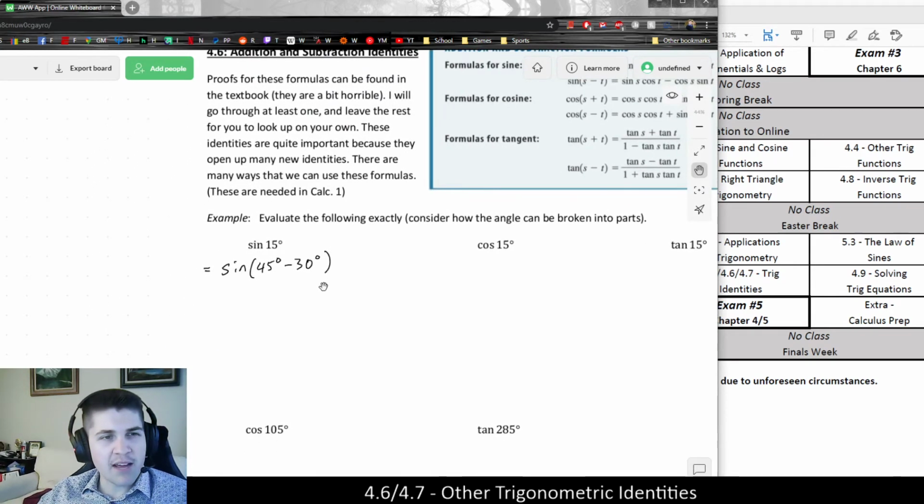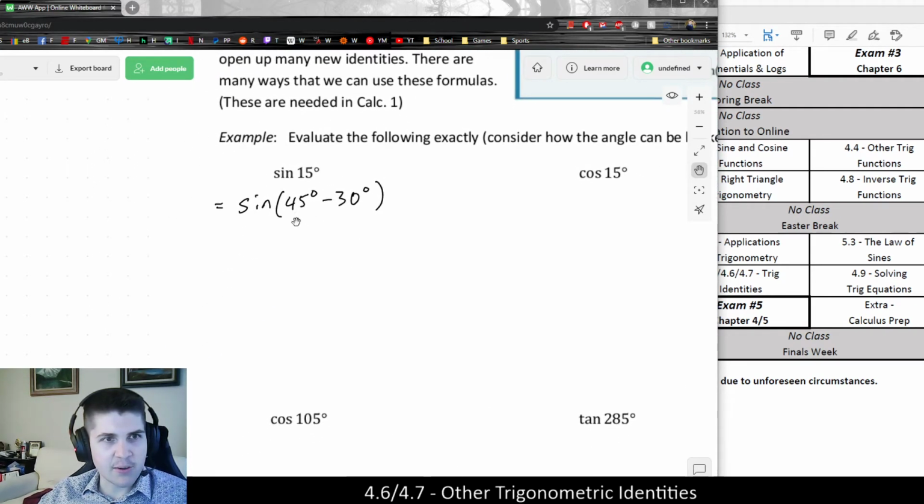Why would I ever think to do this is another question, but that's my point: if I can imagine this angle as a sum or a difference of two different angles, I can use the identities that we just proved to progress. Since each of these angles is one of our fundamental special angles on the unit circle, we already know how they behave, and we can figure out how the sine of 15 behaves from these.